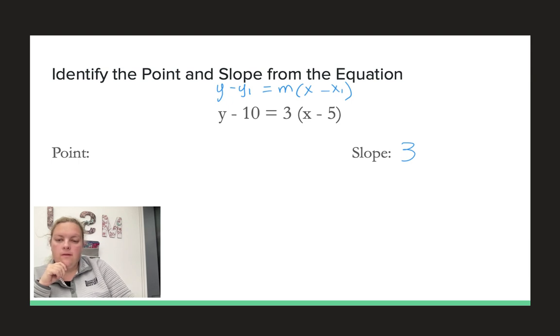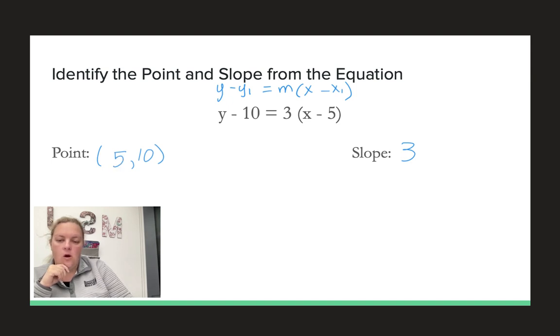But when we're working with our point, because the default is minus, like in this case, y minus 10, the y1 value is actually positive 10. And the 5, where the x1 is positive.